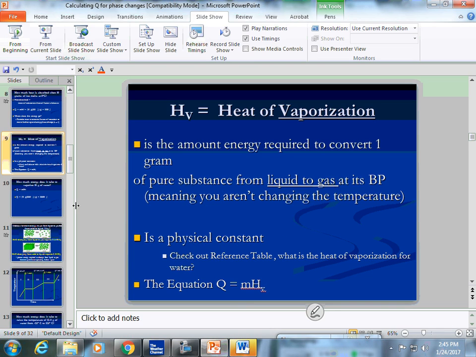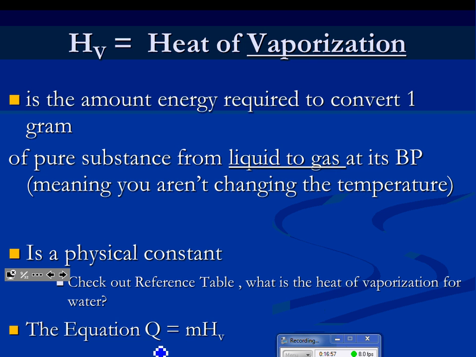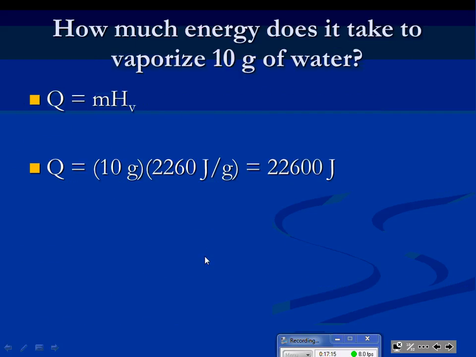Let me swing back. Okay, so now our equation is going to be Q equals mHV. So this equation right here, Q equals mHV, goes for Roman numeral 4 on our table. How much energy does it take to vaporize 10 grams of water?